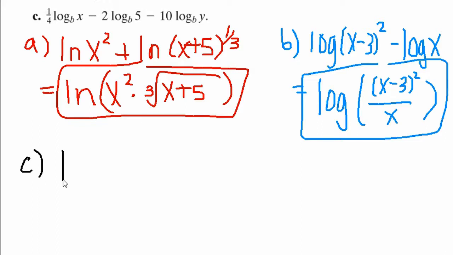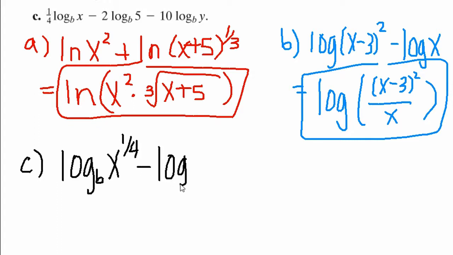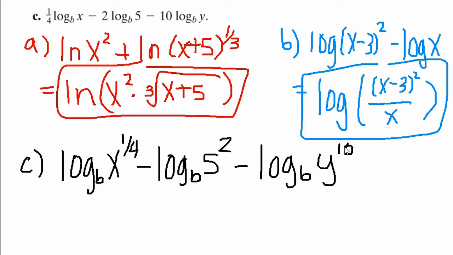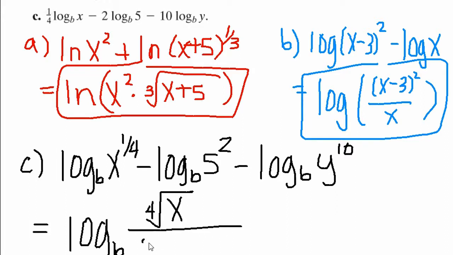All right, on C, I get log base B of x to the 1/4 minus log base B of 5 squared minus log base B of y to the 10th. So your final answer should have looked like the 4th root of x over 25 times y to the 10th.